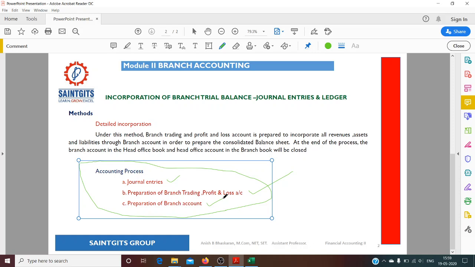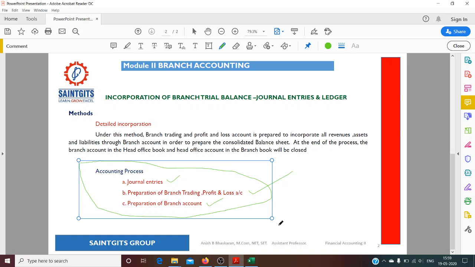So our focus should be limited to these three aspects because these three are intercorrelated. We know that we have to pass the entries, and based on the entries we have to prepare the accounts. Now here, based on journal entries, we are considering only two important accounts. One is the branch trading profit and loss account, and another one is a simple branch account.